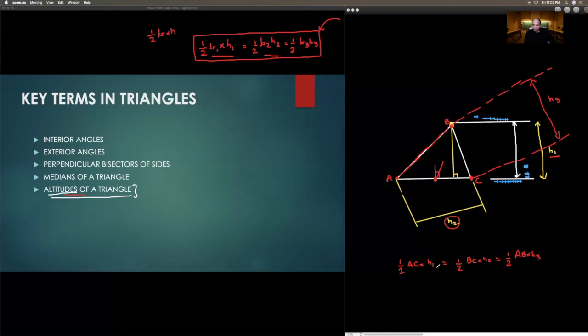And that is because for the height H1, the base is AC. For the height H2, we have taken the base as BC. And for the height H3, we have taken the base as AB. Right? As I said, this is a very, very important property in triangles. And you should realize this while using half base into height for the area of a triangle, that you have three options to use, not just a single option.